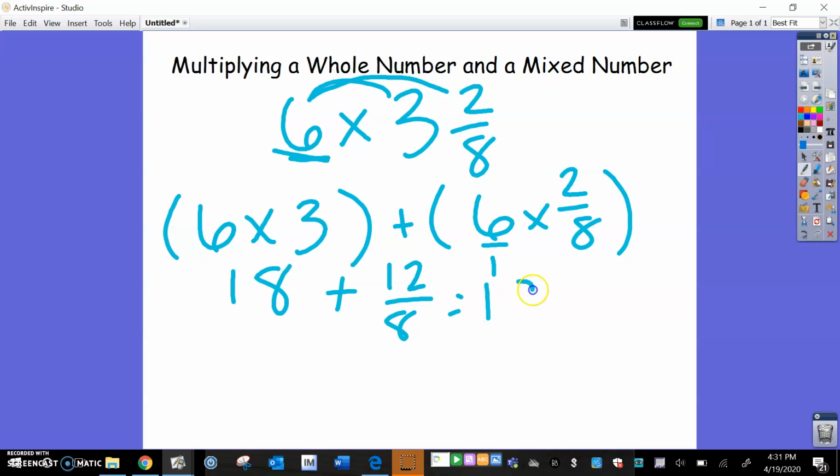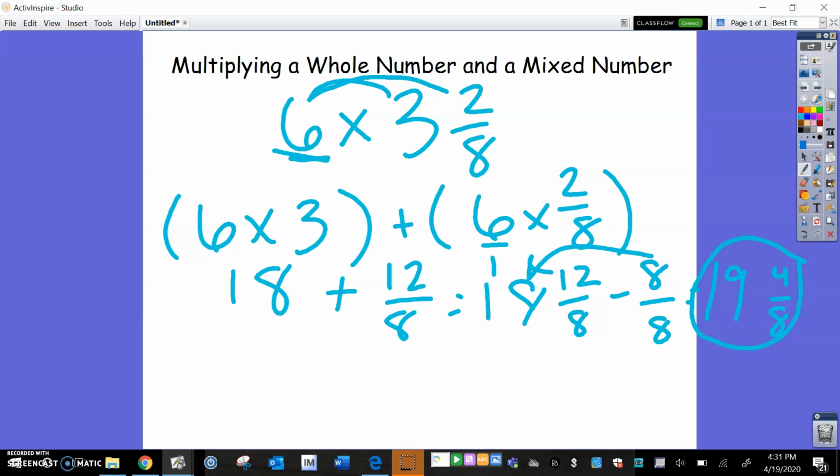I have 18 and 12/8. Can't leave it like this. It's an improper fraction, but they're not too far away. So I can do minus 8 out of 8. So I have 19 and 4/8 as the final answer.